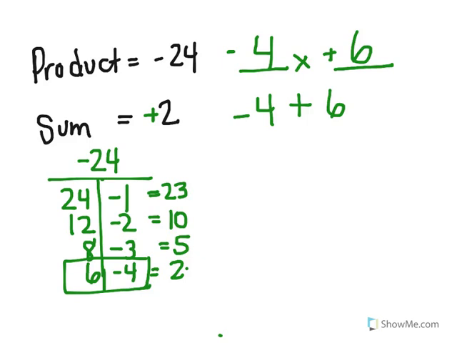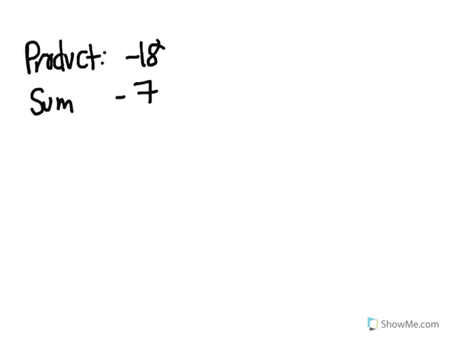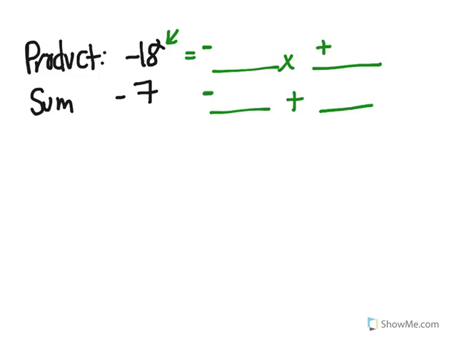Okay, let's try one more. Why don't you see if you can come up with this? So what do you think? Okay, so again, since the product is negative, we know that one of the numbers is negative and the other number is positive. In this case, though, the negative has to be greater than the positive because we need the sum to be negative.